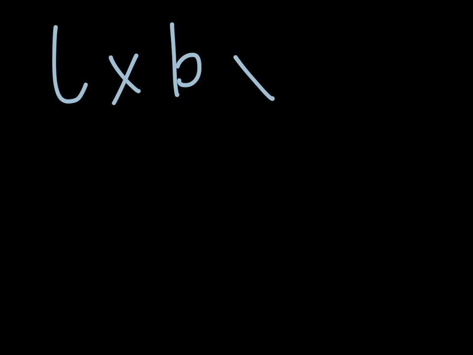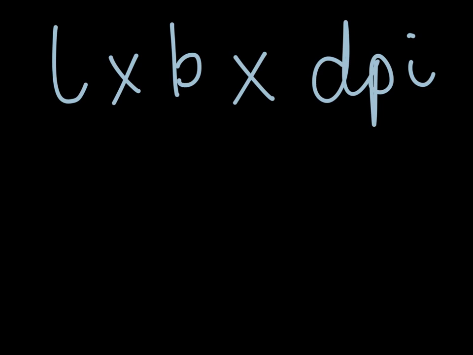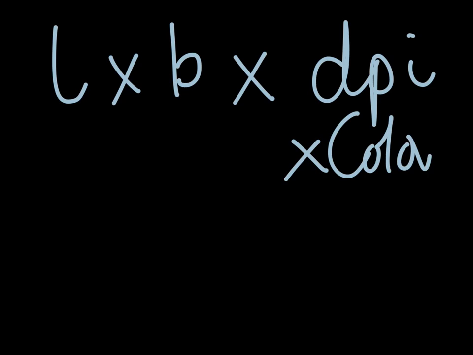We're going to be asked how to complete calculations of file sizes. Now remember, we do the length times the breadth times the resolution, which is usually given in dots per inch, multiplied by the colour depth.